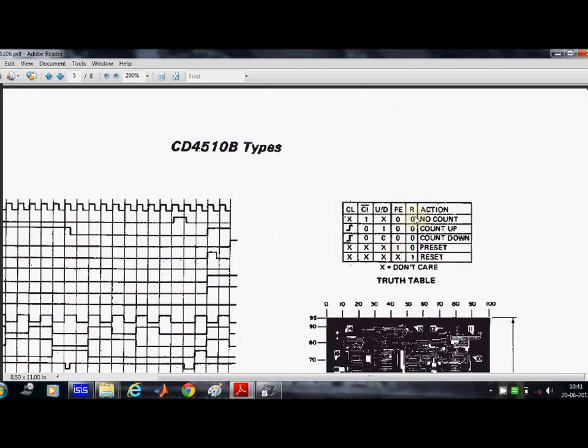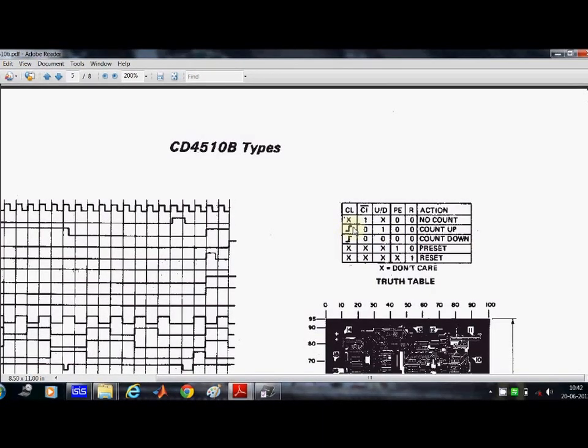Unless we give a reset pin 0, there is no counting. So preset enable, reset pin, and carry input should be given 0. These three pins should be given 0. And for up and down counting, as I have told you before, we have to give a logic 1.